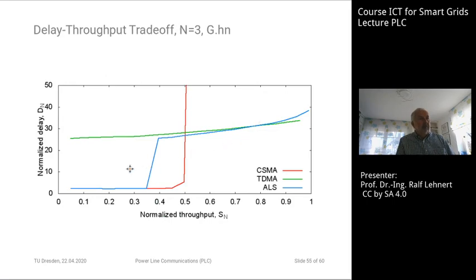Yeah, so he did compare the pure CSMA system with the pure TDMA system and his automatic adaptive layer switching, and running the switching mechanism, you can more or less achieve the best of both worlds.